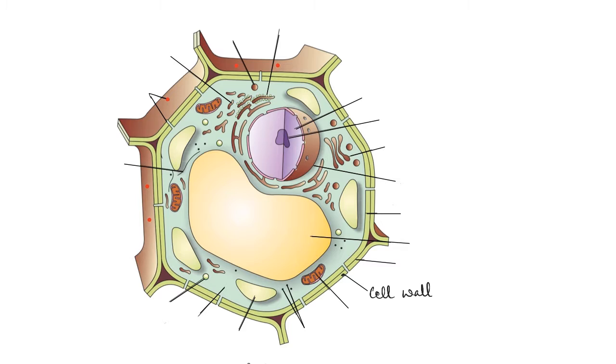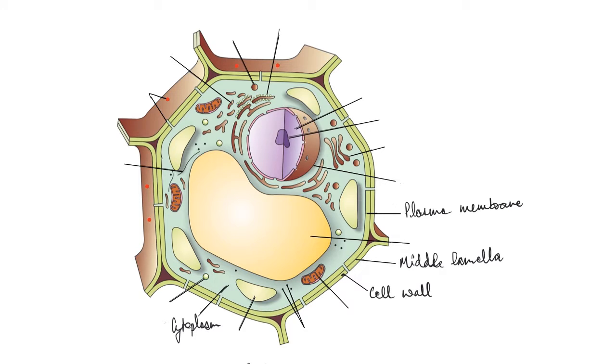Now, after the cell wall, you have a middle lamella. And after that, you have a plasma membrane. And inside the plasma membrane, you have the cytoplasm. So this fluid inside the cell is cytoplasm.